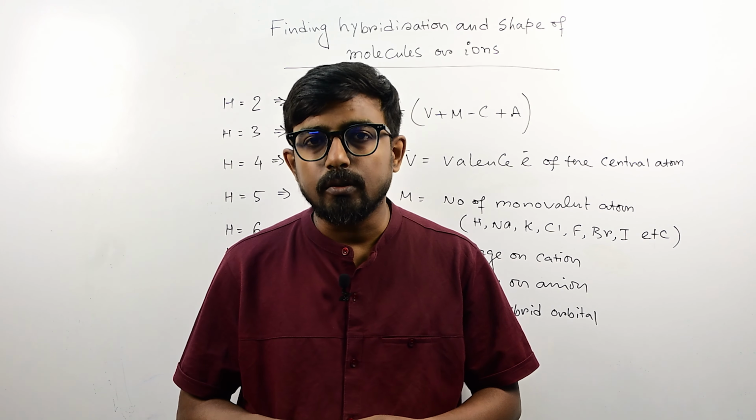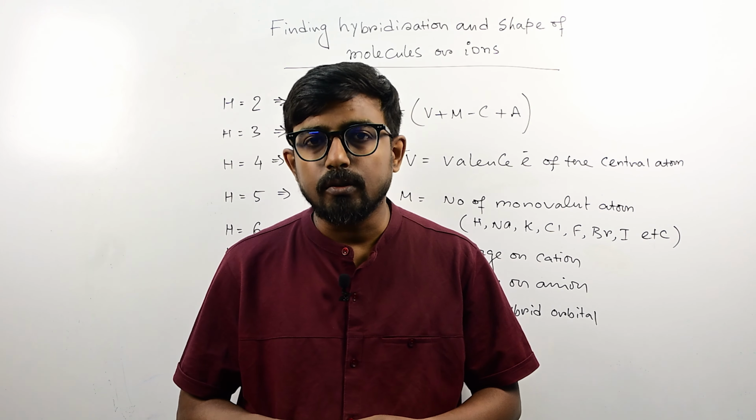So 5 will be the valence electron, the monovalent atoms here are 5, so H will be equal to 5. It will form the trigonal bipyramidal shape because all the 5 atoms are present here. Here these 3 are called the equatorial position, and these 2 are called the axial position.